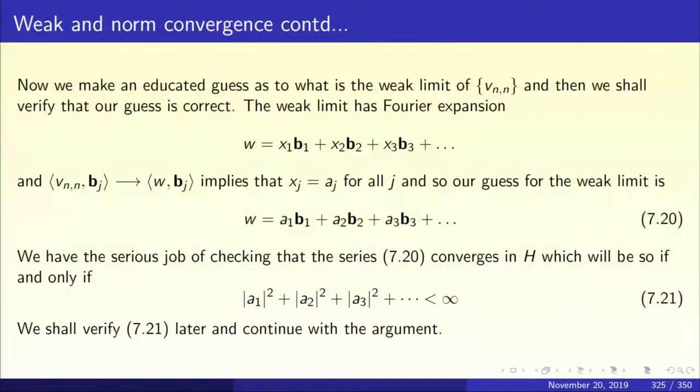So now we must make an educated guess as to what should be the weak limit of Vnn, and then we should prove that our educated guess is indeed correct. Let us assume that the weak limit is W, and W is x1 b1 plus x2 b2 plus x3 b3 and so on. After all, every element in the Hilbert space can be expressed in terms of b1, b2, b3. It's an orthonormal basis. We know that the inner product of Vnn with Bj converges to Aj.